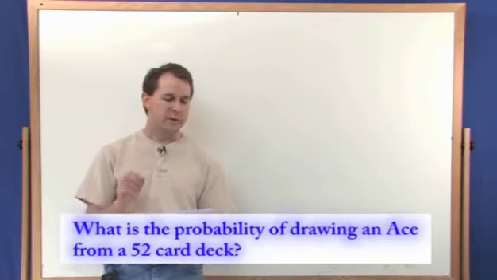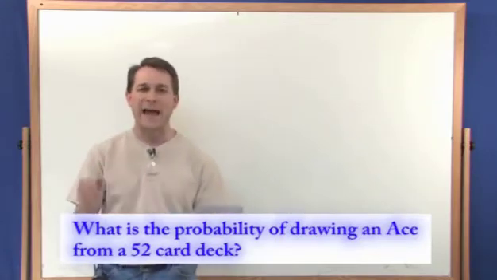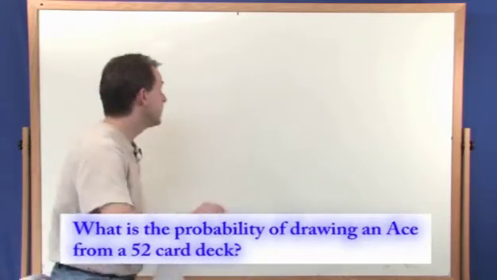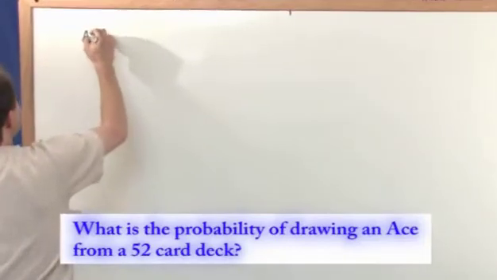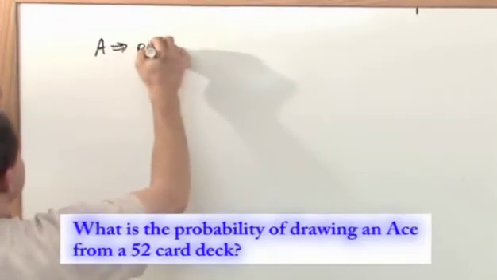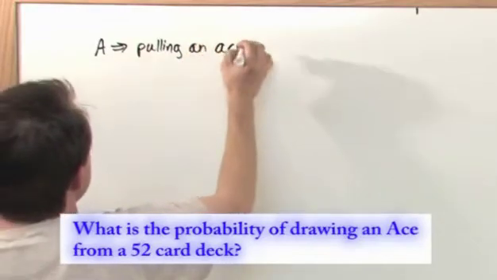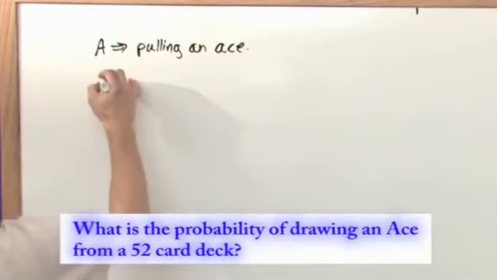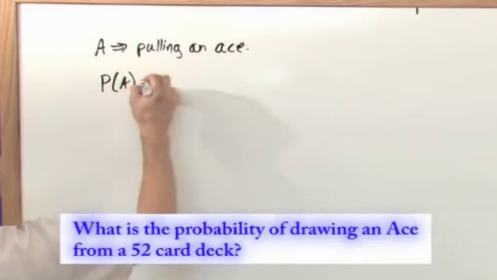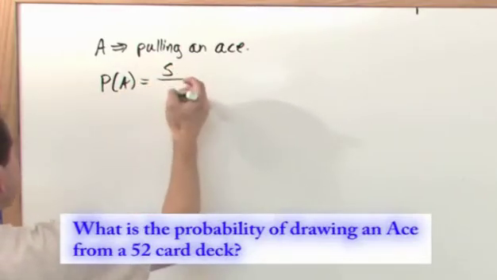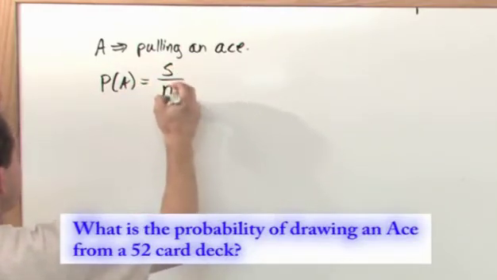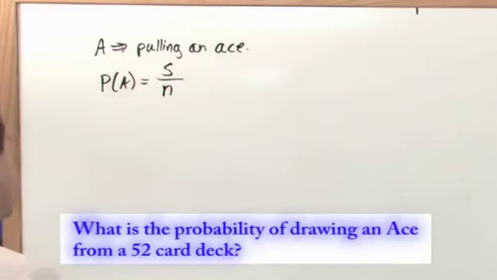So the event that we're talking about, the event A, would be pulling an ace. So A is going to be defined to be pulling an ace. Okay, so the probability of that event A is going to be equal to the number of ways the success can happen divided by the total number of ways that experiment could actually end.